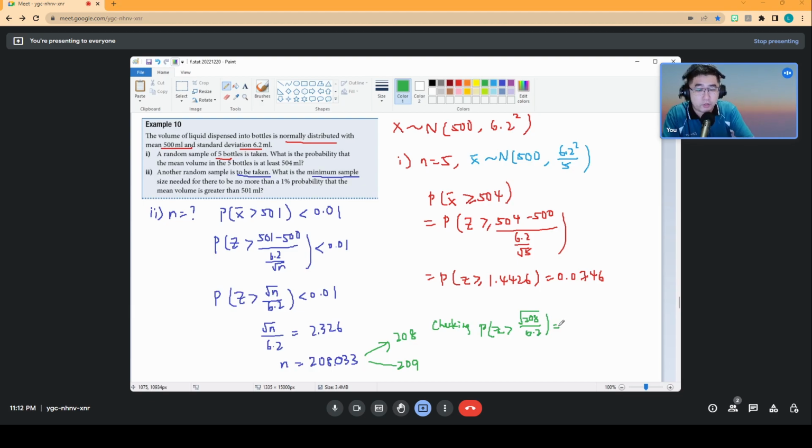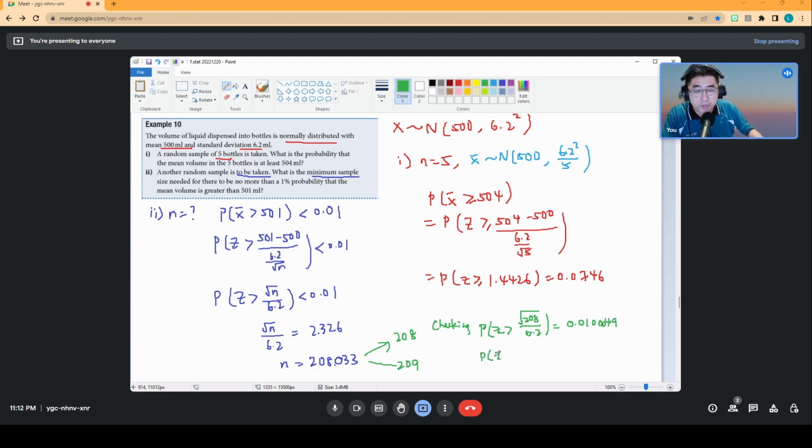Let's see what is the figure. Normal CD, lower square root of 208 divided by 6.2, upper 10. Okay, I have 0.010049.